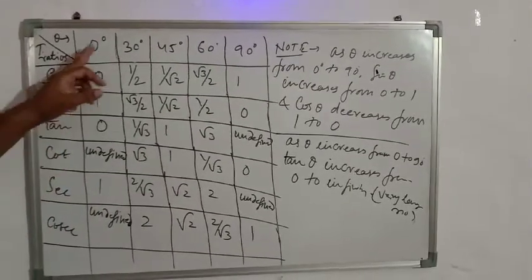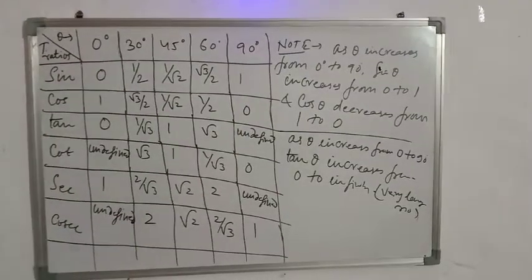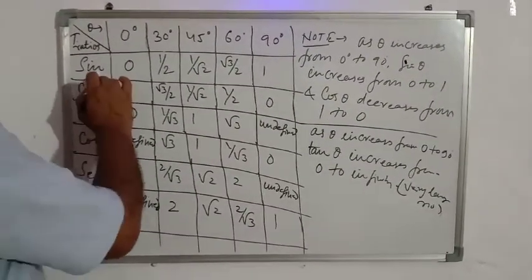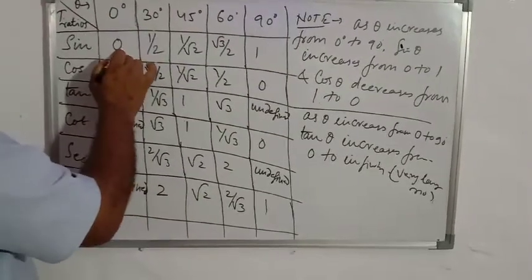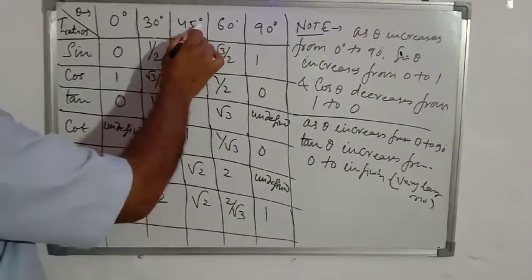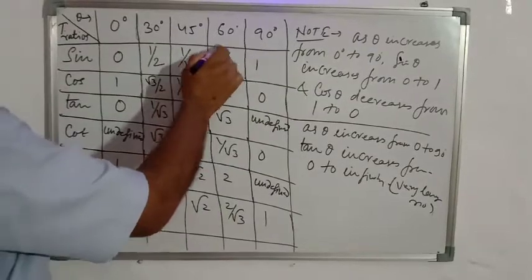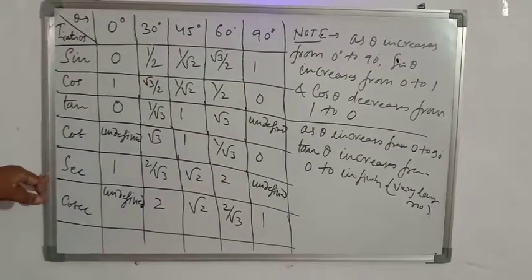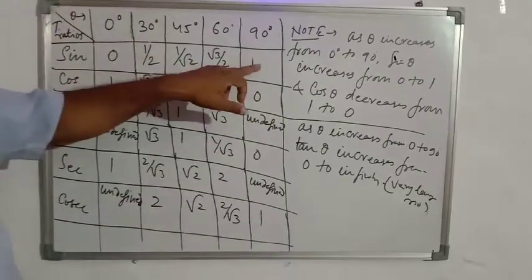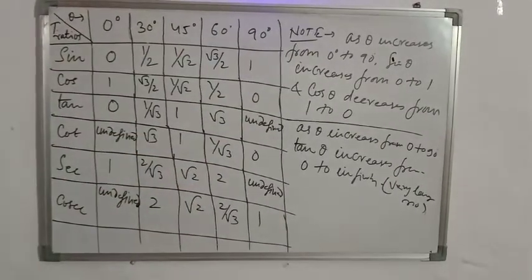So you can learn this table easily. Firstly learn this line. If you have learned this one line, you can complete the whole table.